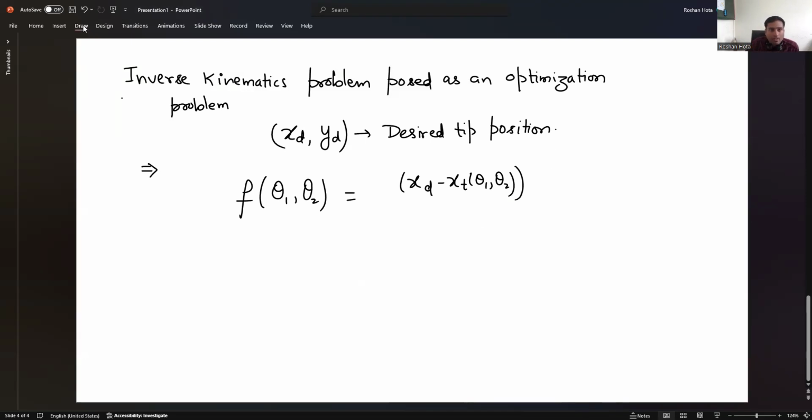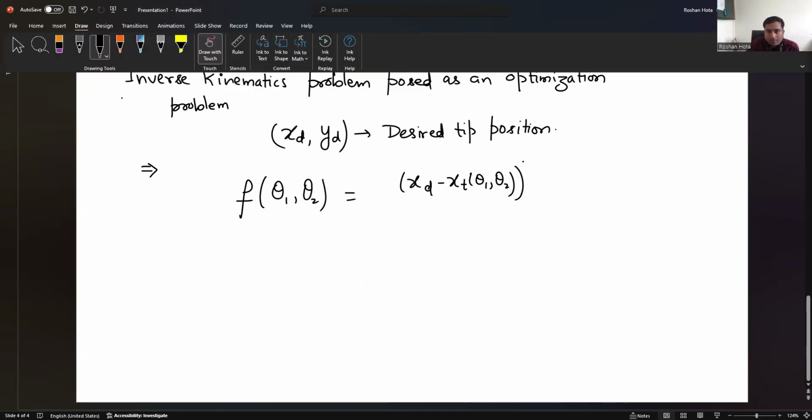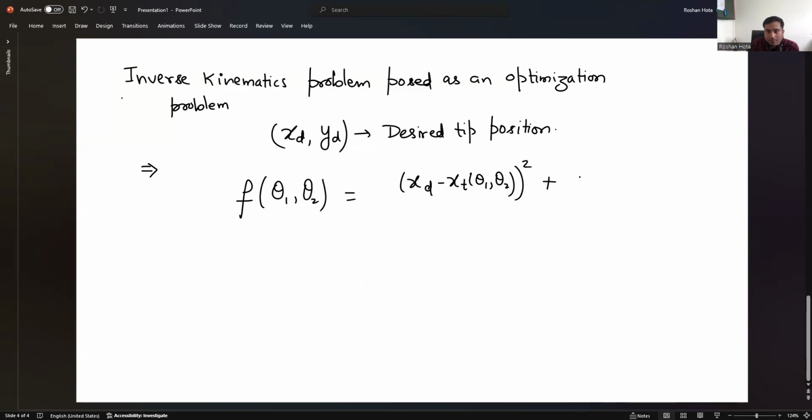If I define the objective function like this, it has a special property.